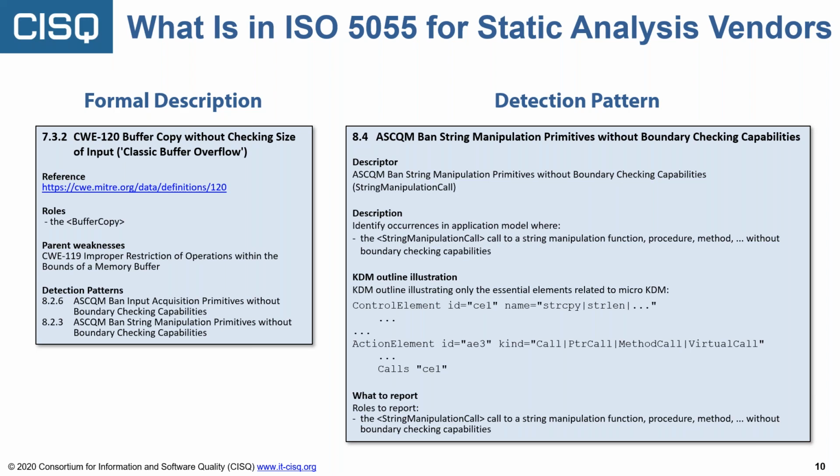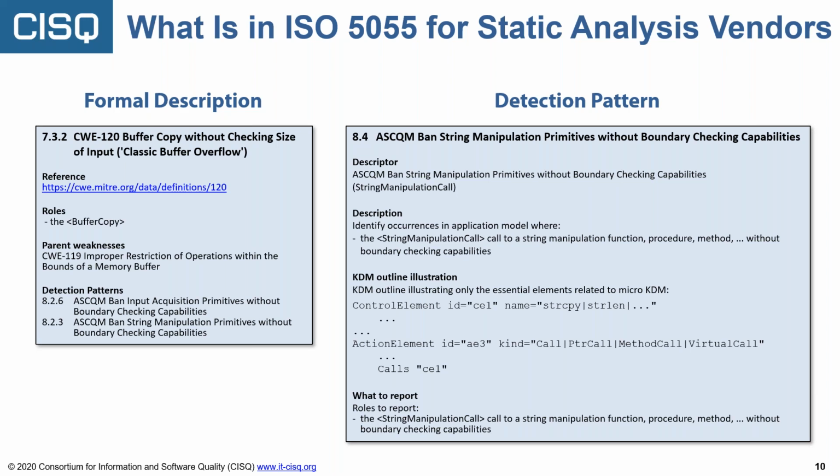And then we have a section that provides all these detection patterns. It'll give you a descriptor of the pattern, and then show you in what's called micro KDM. KDM is the Knowledge Discovery Meta-model. It's also an ISO standard, a way to represent the elements that come out of a parse. So I parse the code, I represent all the elements that we pulled out of the parse, and what we show in the detection pattern is how those elements are organized to create that weakness.